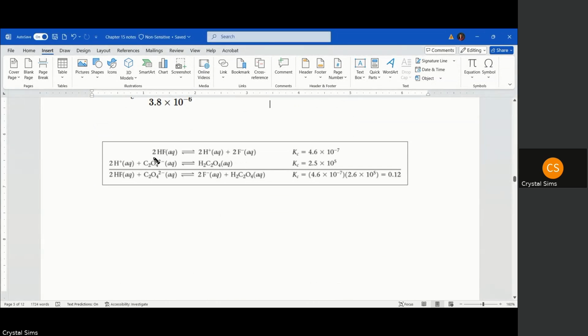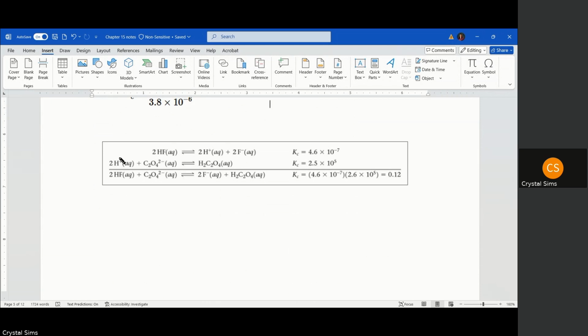Remember in our first one, we multiplied everything by 2, and we multiplied our K sub C by 2. And then in the second one, we reversed it, and so we did the reciprocal, and this just is an error in your book. That should be 6 right there, okay? This should be a 6 instead of a 5.